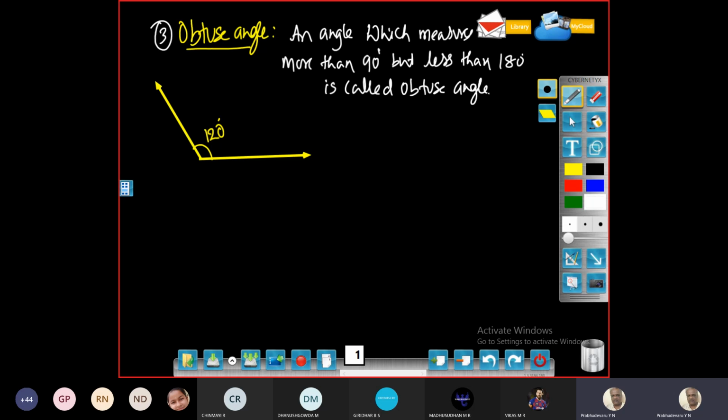So any angle which measures more than 90 degrees and less than 180 degrees is called an obtuse angle.